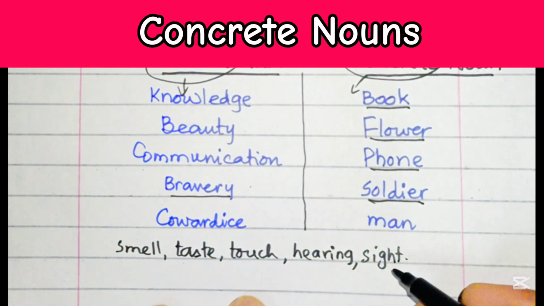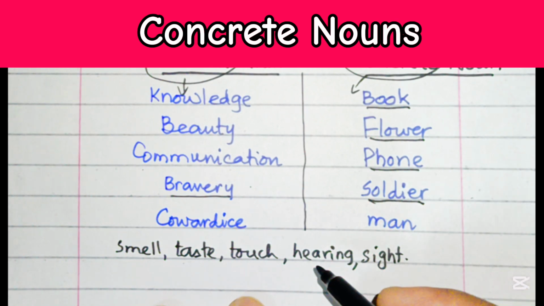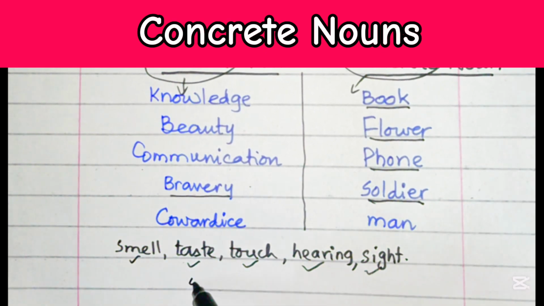So these five physical senses can be used in order to understand the name of a person, place, or thing. Anything that can be perceived through these five physical senses, we call a concrete noun.